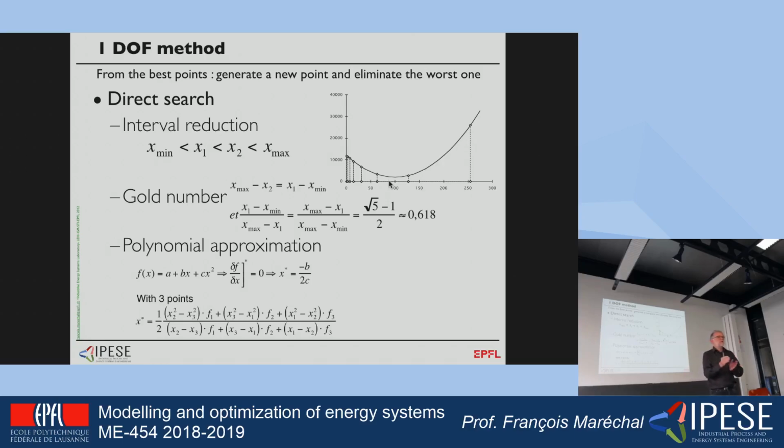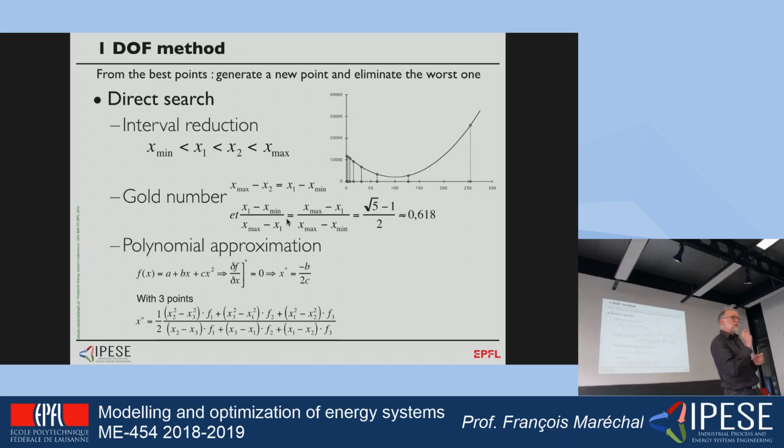what is the next new point? There is a trick which is the golden number, and the golden number allows me to define the new x, by defining a modification of the interval such that I will never reproduce a step that I have done before.